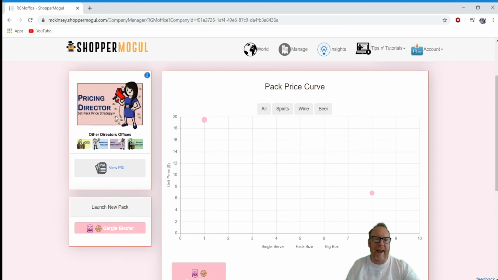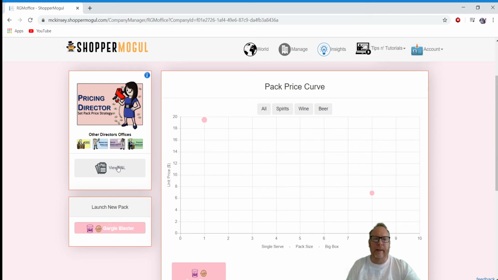So what else do we see? Over on the left, we can see links to all of the other directors' offices. So if you need to go and have a look at what the marketing director or the sales director is doing, you can use these buttons to jump straight into their offices.